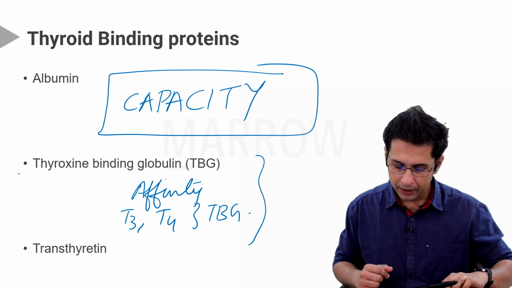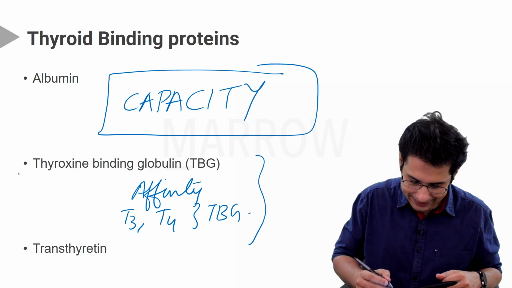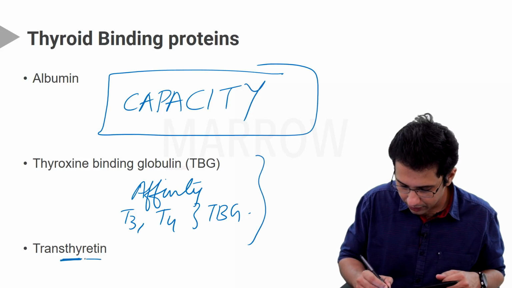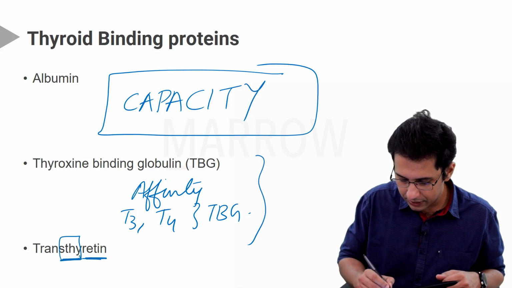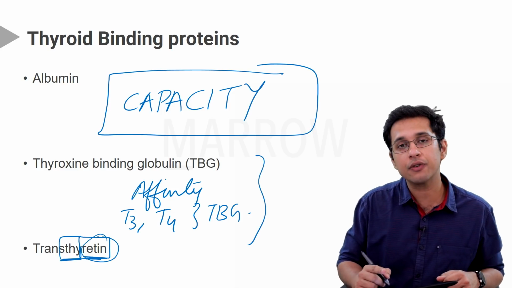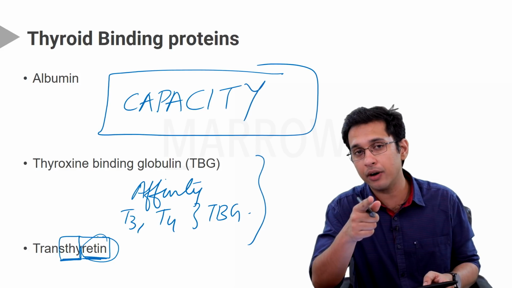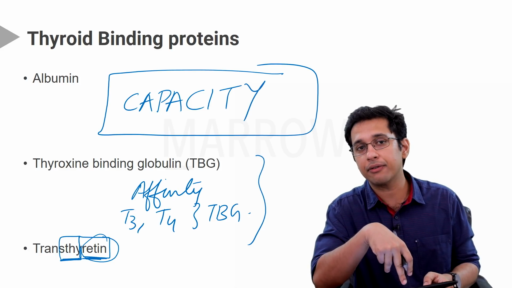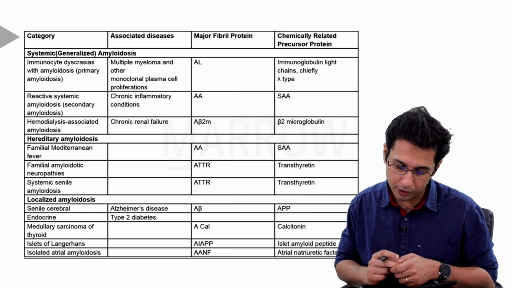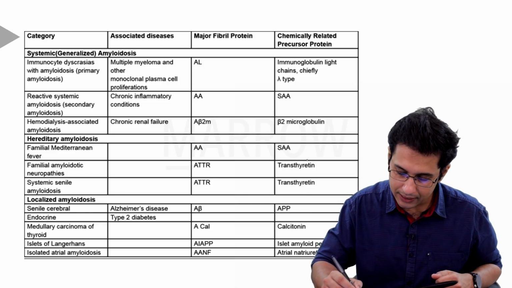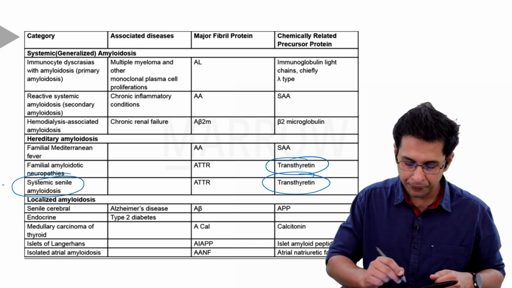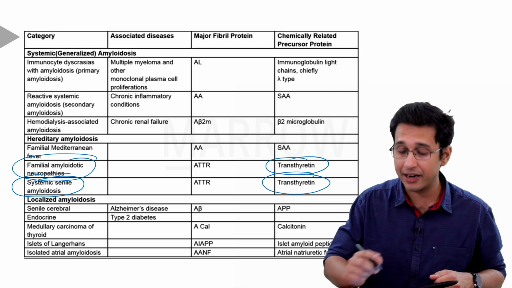Now the third one is transthyretin. What is peculiar here? Thyroid, retinol, thyretin. So it is also involved in the retinol transport. You see retin here? You might remember this protein from our first table in QBank. If you go to the amyloid questions, you will find this is the protein which is being misfolded in systemic senile amyloidosis and familial amyloidotic neuropathy, the lateral point.